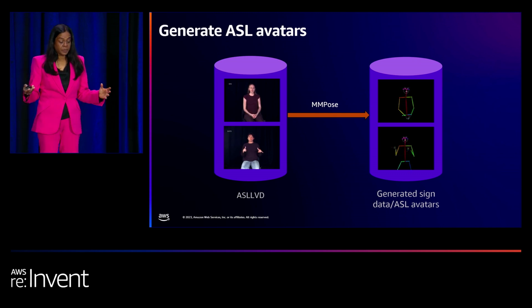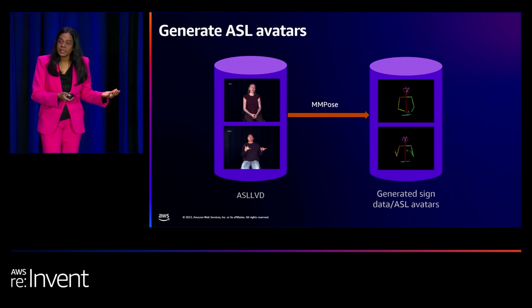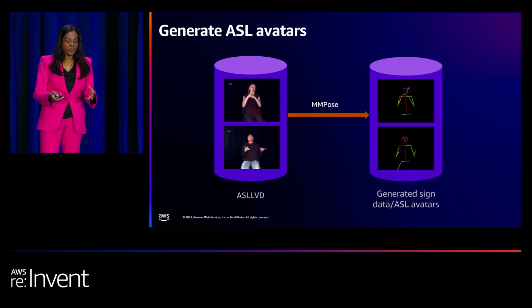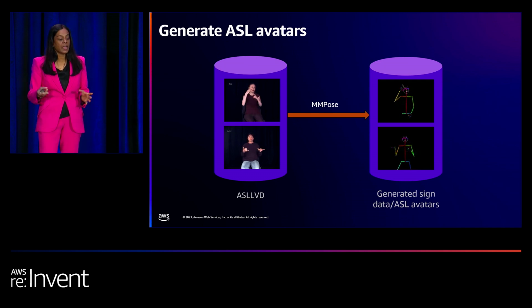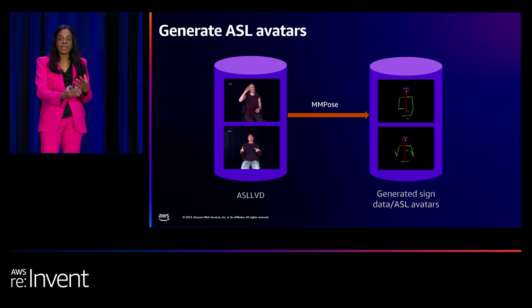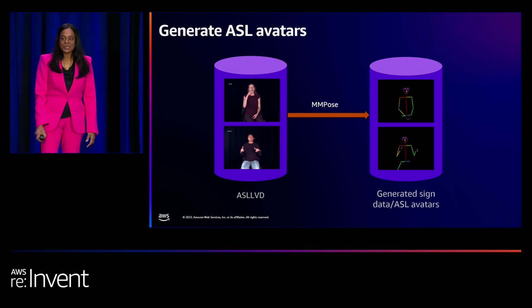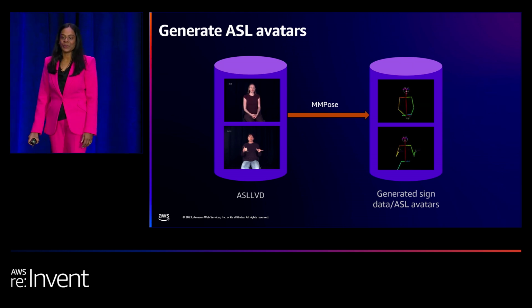So lastly, with the input data set, we're able to generate the ASL avatars using an MMPose pose estimation model, and we have all the data ready in DynamoDB and S3. So having talked about the high-level solution approach, I'm going to hand it over to Suresh, who's going to be showing you a demo and take us through the architecture.